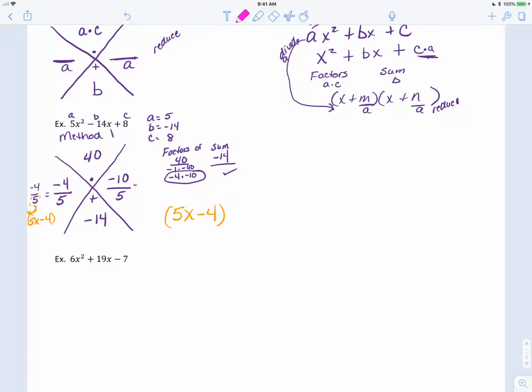Then this one, negative 10 over 5, will reduce to a negative 2. So that binomial is just x minus 2. Notice it's over 1, so the 1 moving to the front just leaves us with just the x. So that is this thing factored. It's sort of nice and easy to use this method. But I'm going to go ahead and show you method 2 here, which is our slide and divide.